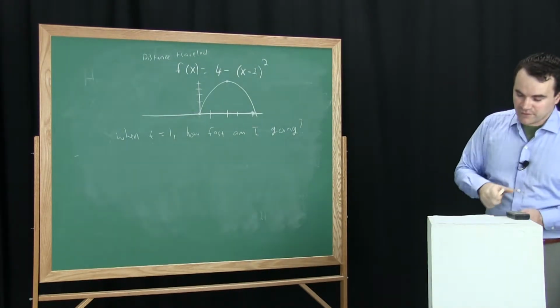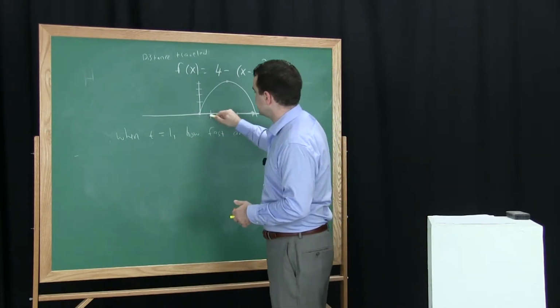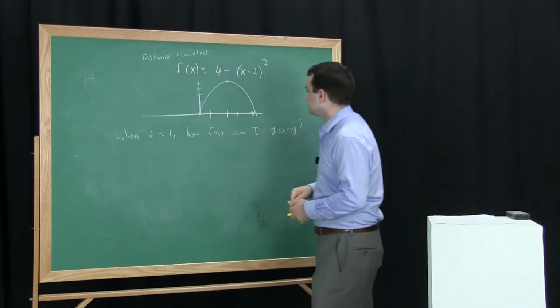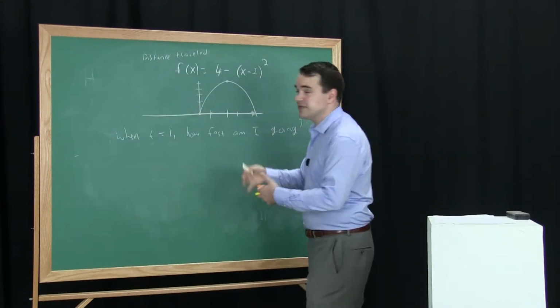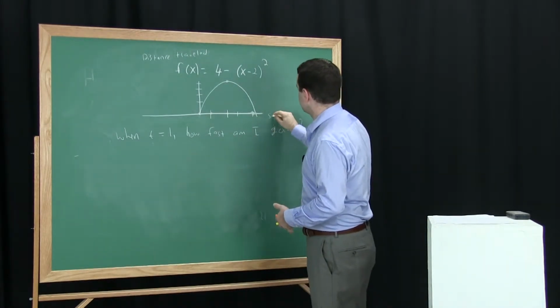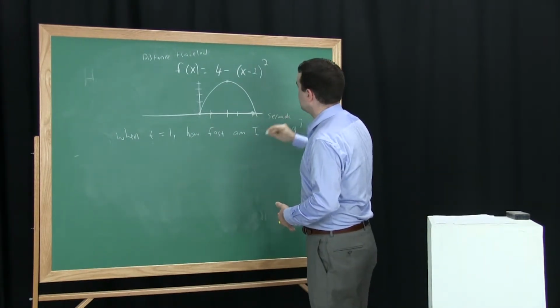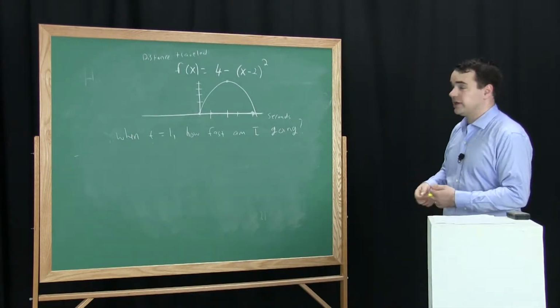And the first thing I want to do here, this is a hard question to answer. And for argument's sake, let's put some units here. T could be seconds, minutes, hours. Let's just say time is measured in seconds here, and let's say that our distance is measured in feet. So how fast am I going in feet per second?